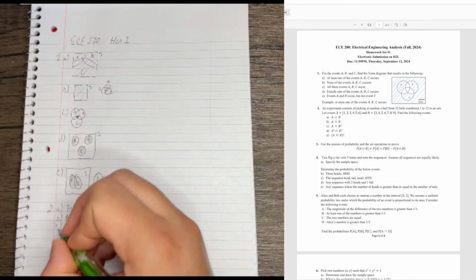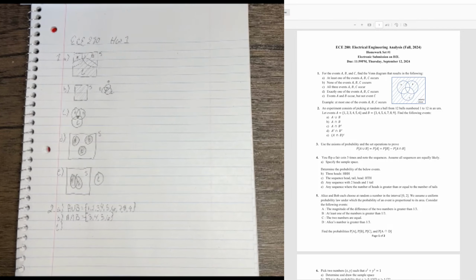For C, what do we have? C is A intersect B complement. So basically anything that's not in B that is in A. So 1 and 2. Right?